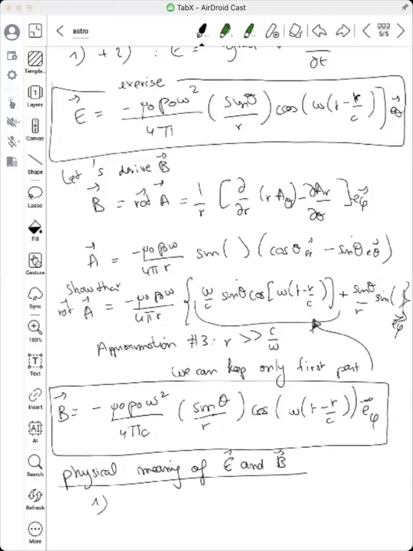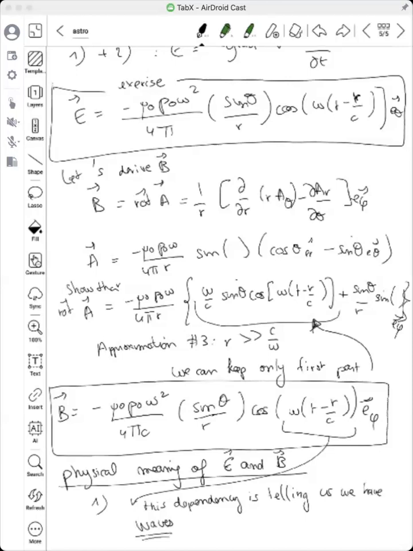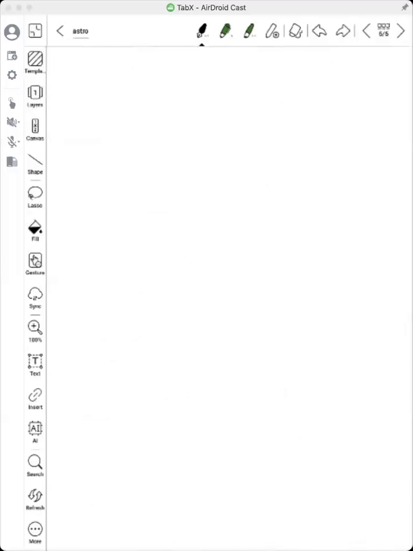So first thing, this dependency here is telling us we have waves, and the pulsation of this monochromatic wave is the dipole pulsation. Not obvious, but we're happy this is the case.